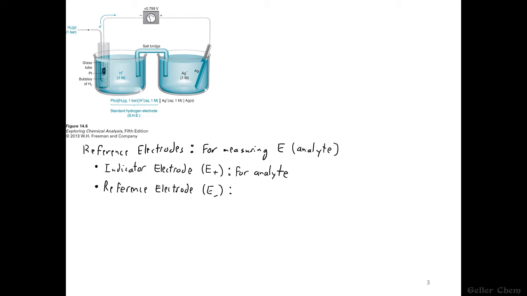And so this electrode must have a constant and known potential, which we'll see momentarily means that the composition itself must be fixed. So fixed composition.